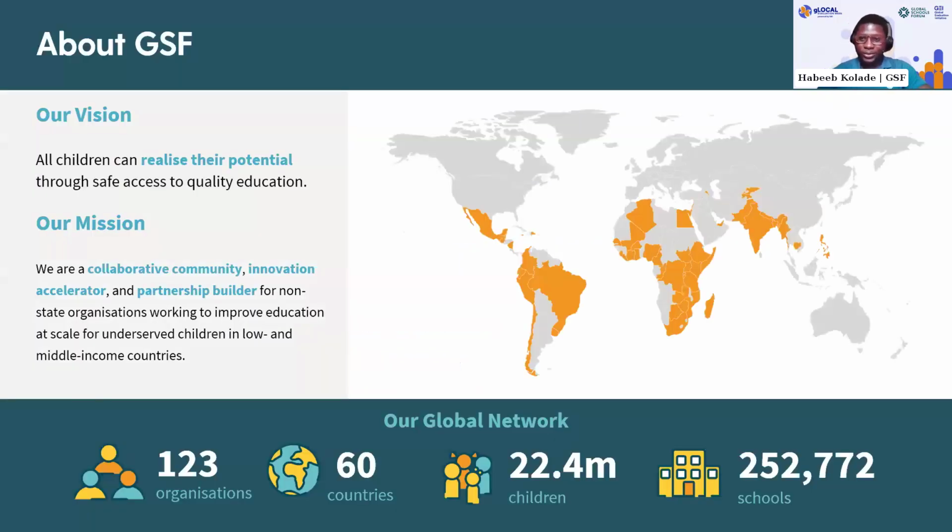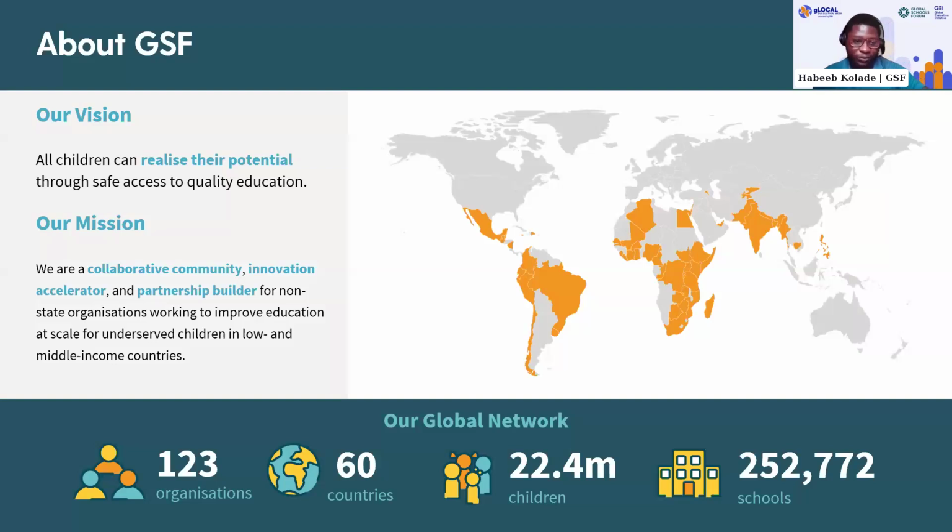So quickly, I'll talk about the Global Schools Forum. The Global Schools Forum is a collaborative community and innovation accelerator and partnership builder for non-state organizations who are working across low and middle income communities to improve education at scale for underserved children in these areas.